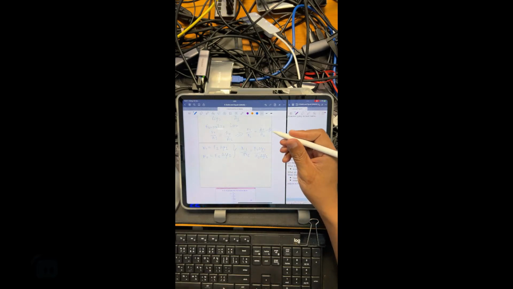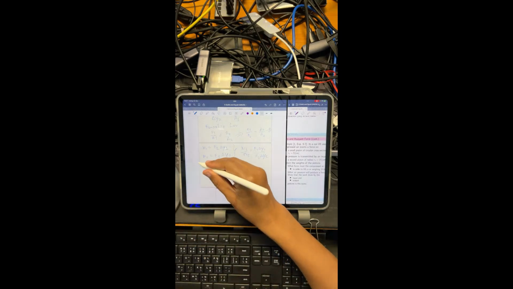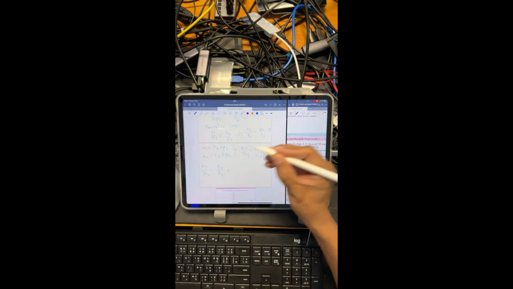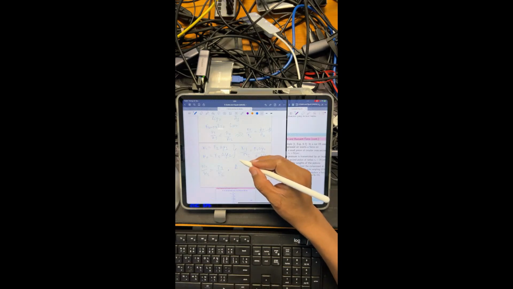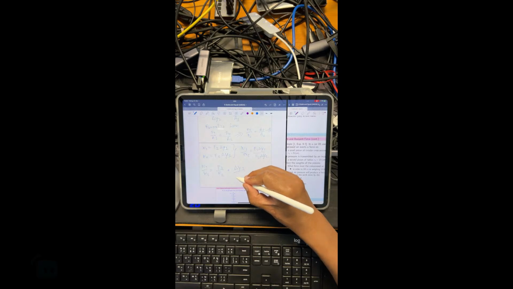W1 by W2 will be F1 by F2 times delta Y1 by delta Y2.